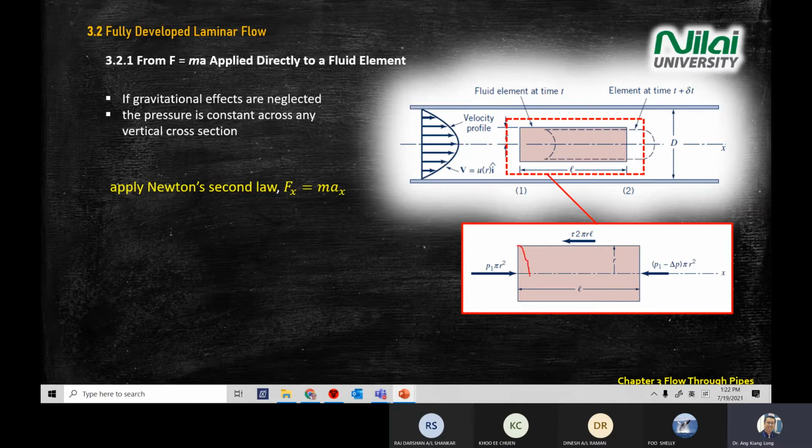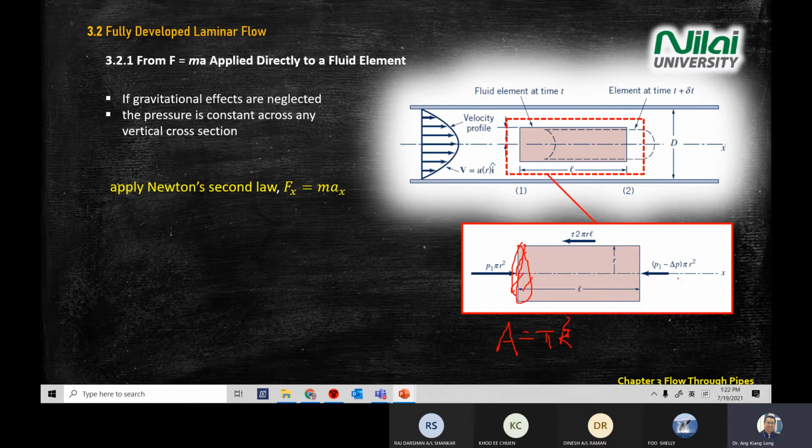The area of a cylindrical pipe is a round circle, so we can use area equal pi r squared. In this case, you see a small r because we are referring to small r here. On the left-hand side, P1 times pi r squared.